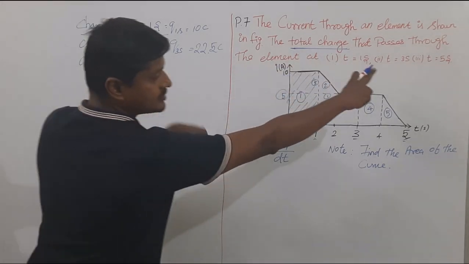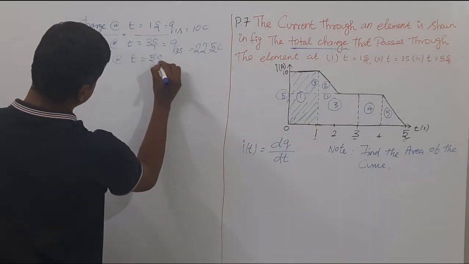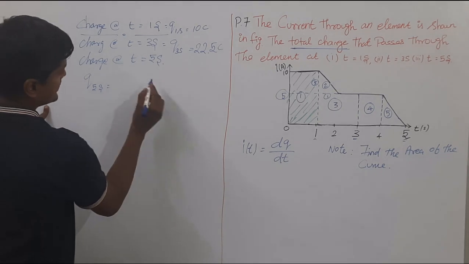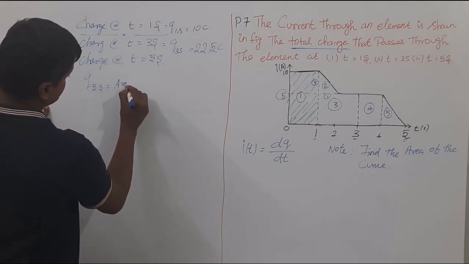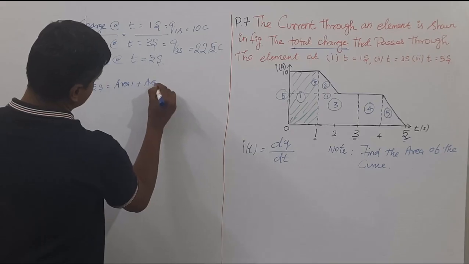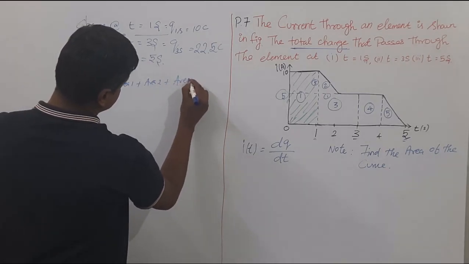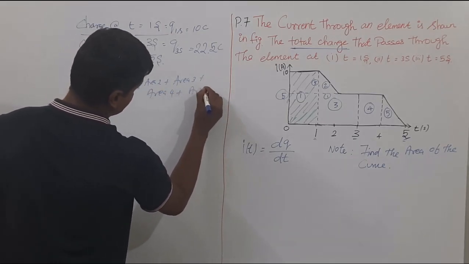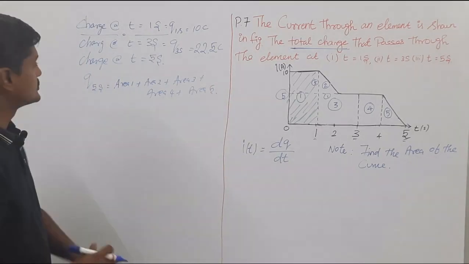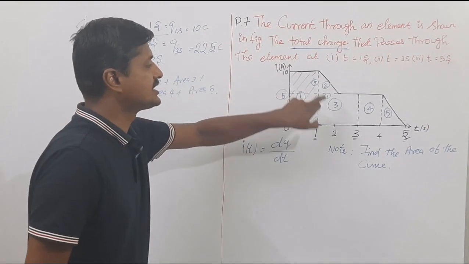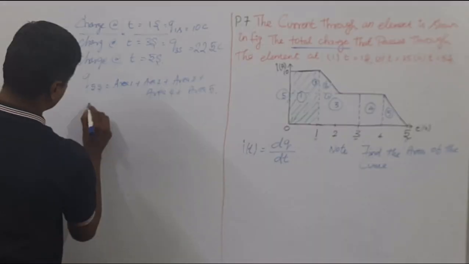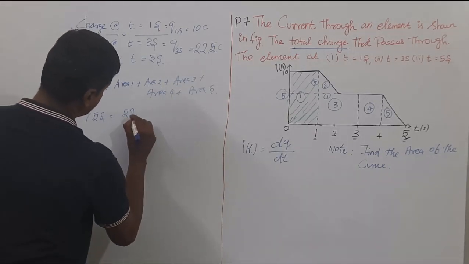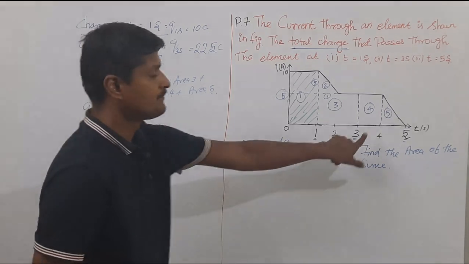Charge at t equal to 5 seconds. So Q at 5 seconds is equal to area 1 plus area 2 plus area 3 plus area 4 plus area 5. For area 1, area 2, area 3 we already defined, so the value of Q for these is equal to 22.5 plus area 4.